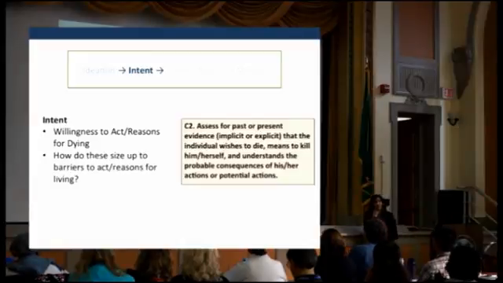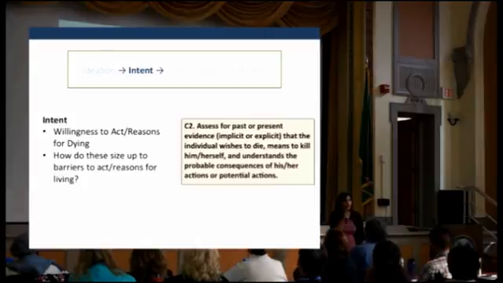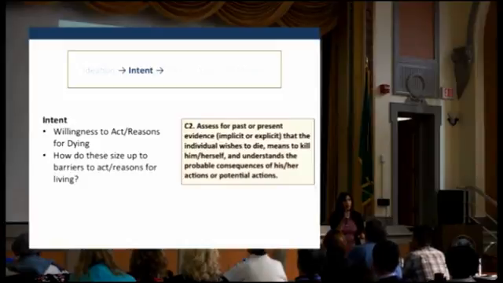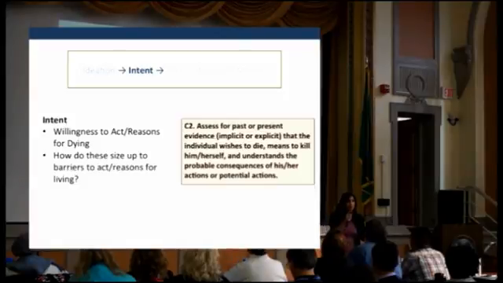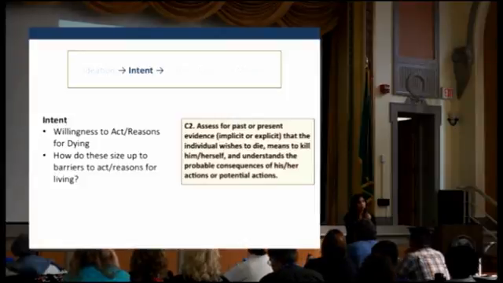Intent. So intent is a hard one, but I think intent starts to get at what level of risk that person's at. Because if you think of individuals who are suicidal, most people are going to have some level of suicidal ideation.